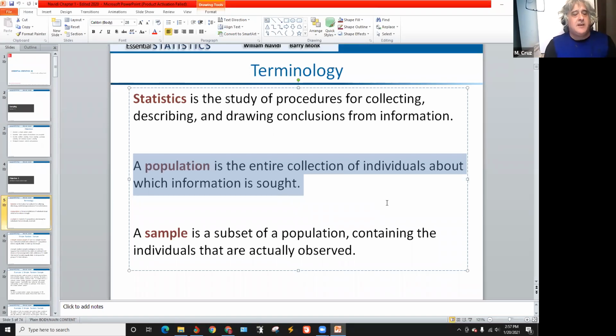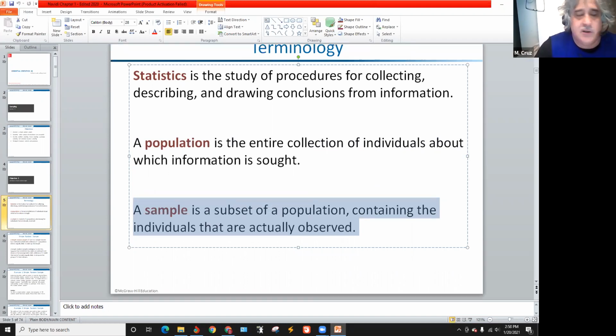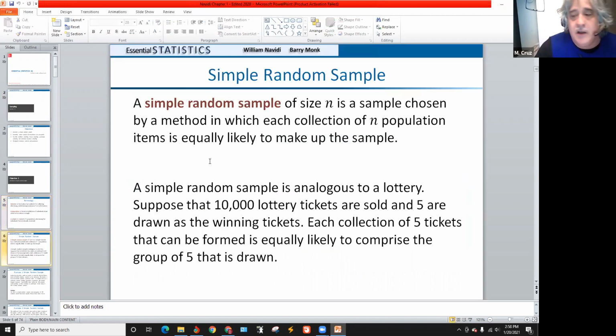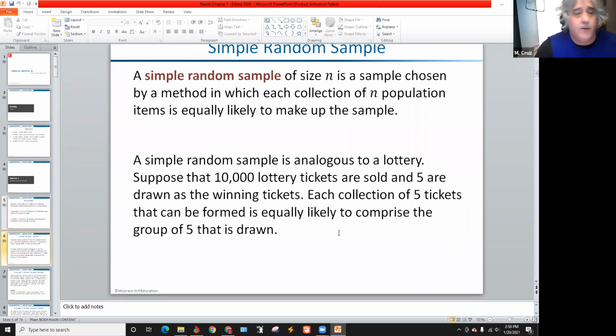But most of the time, all we have is a sample, and that sample has to be representative of the population. The population can be very large, and you don't want to work on the whole population if you can just work on a sample that represents it.